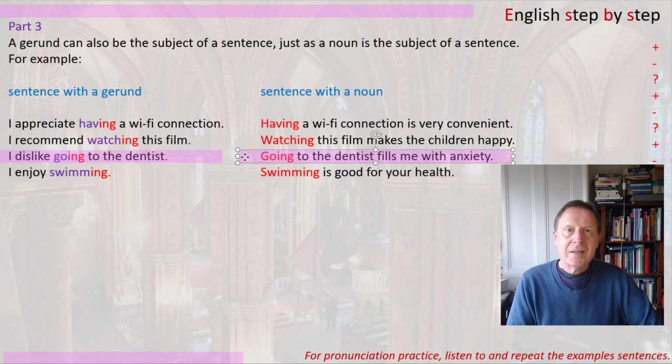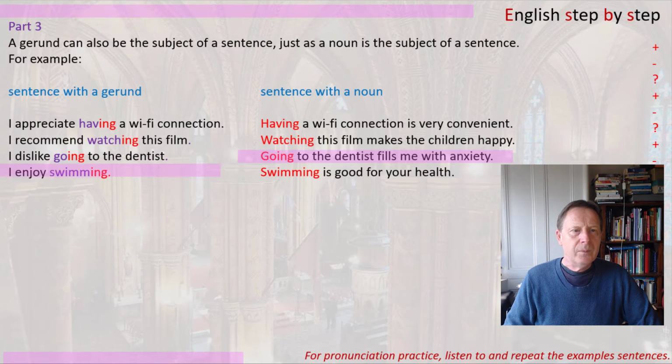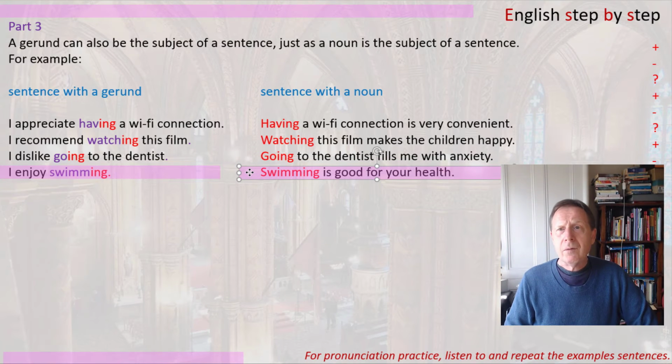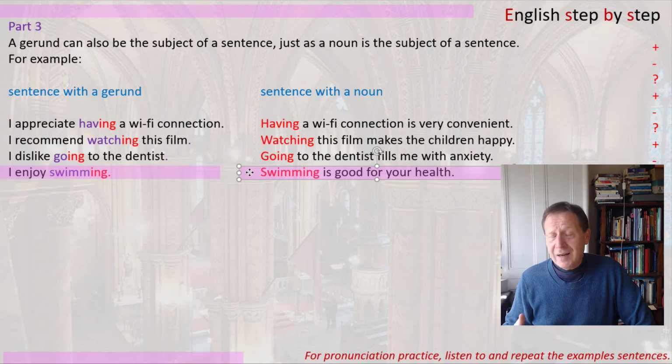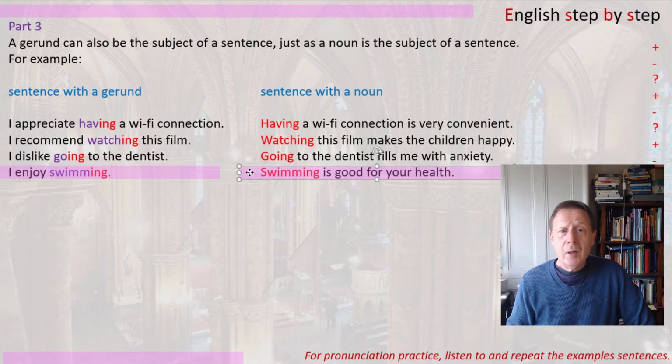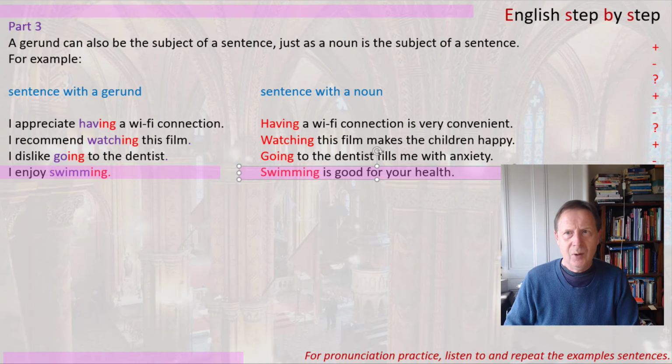Going to the dentist fills me with anxiety. And here's another one. I enjoy swimming. Swimming is good for your health. So, you often begin a sentence with a gerund like swimming. Swimming is good for your health. Shopping, or going to the gym, or running. These can all be the subject of a sentence.